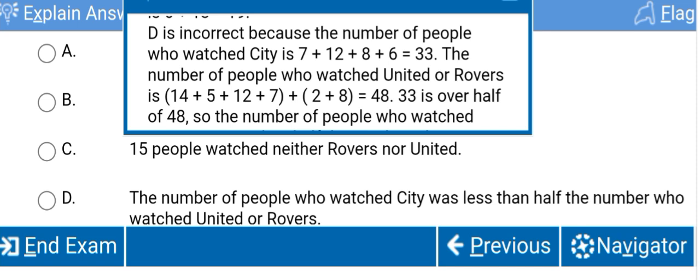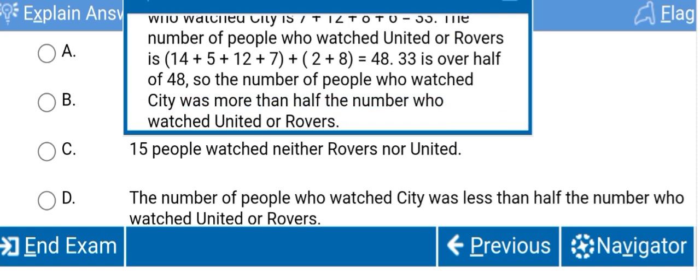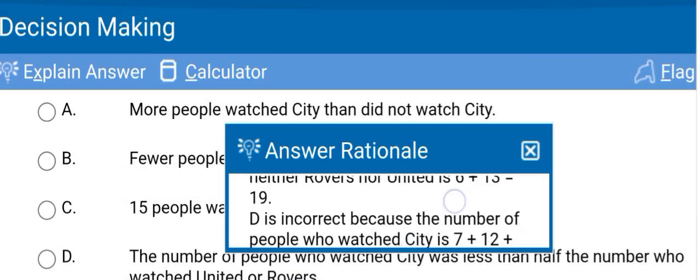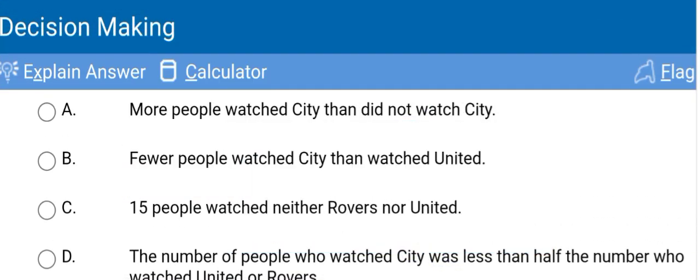So the number of people who watched City was more than half the number who watched United or Rovers. So that's why option D is the incorrect option, and the correct response is option B, which says fewer people watched City than watched United.